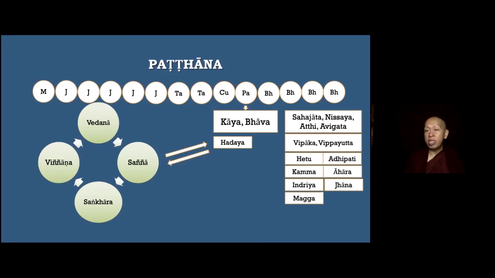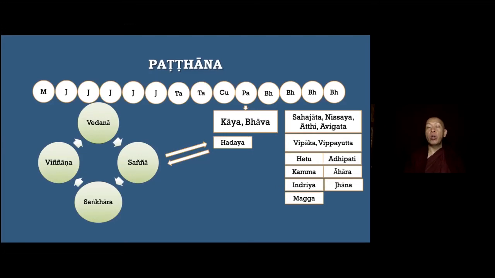Jhana factors: even one of the jhana factors can be the cause, and all others can be the effects. Magga, the Noble Eightfold Path: as we have known, there will be magga conditions between hadaya rupas and mental aggregates.